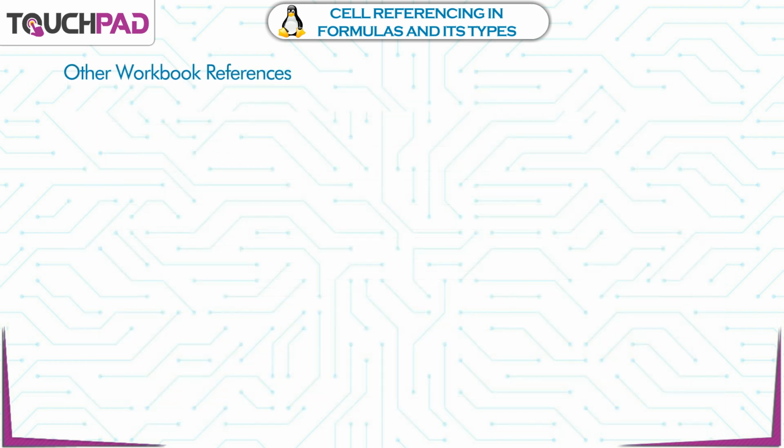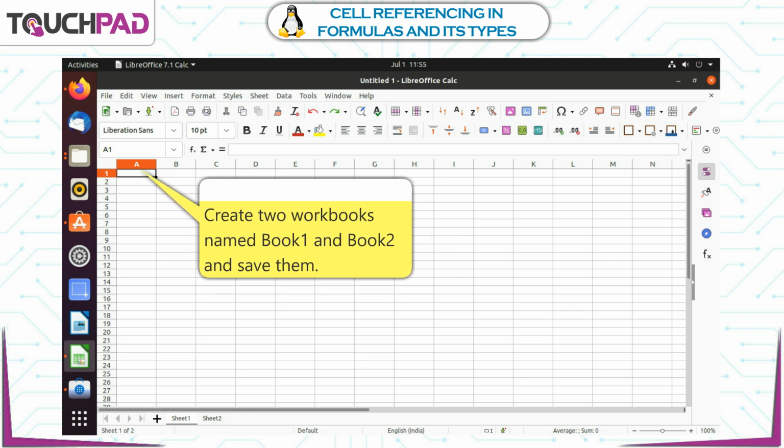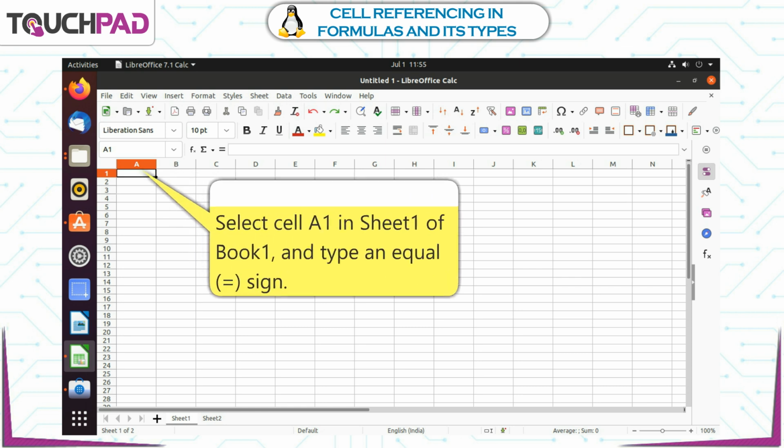Other workbook references. You can refer to cells in worksheets in other workbooks in the same way you refer to cells in other worksheets within the same workbook. These references are called external references. For example, to enter a reference to Book 2 in Book 1, follow these steps. Create two workbooks named Book 1 and Book 2 and save them.